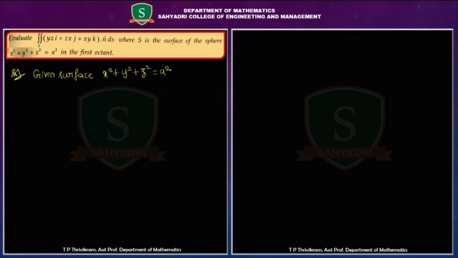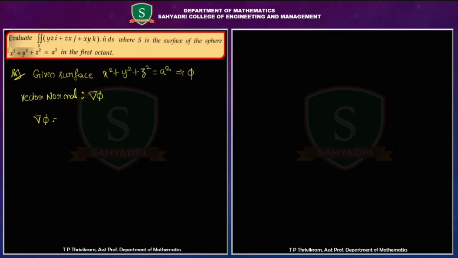If you want to find the normal for the surface, we will find the vector normal. That is the gradient of the surface, that means del phi, if you take this as phi.